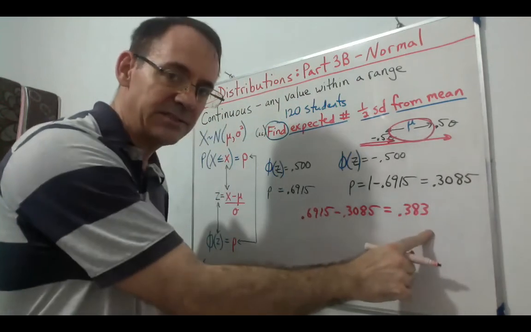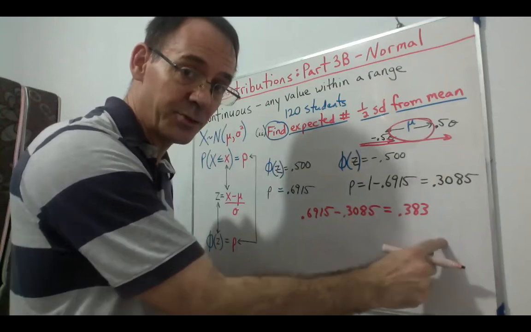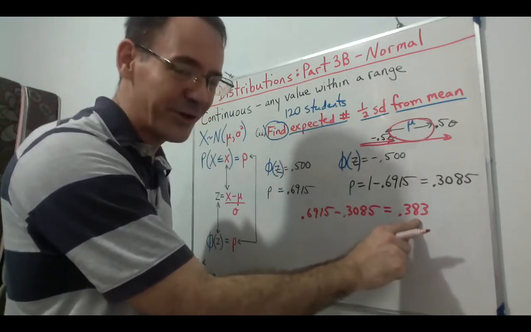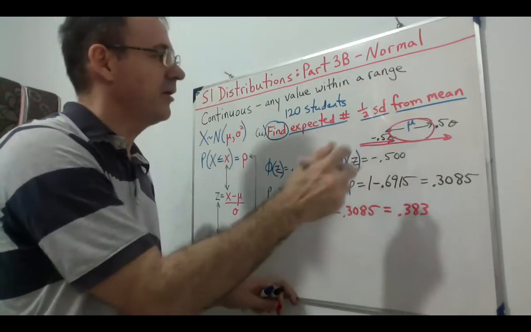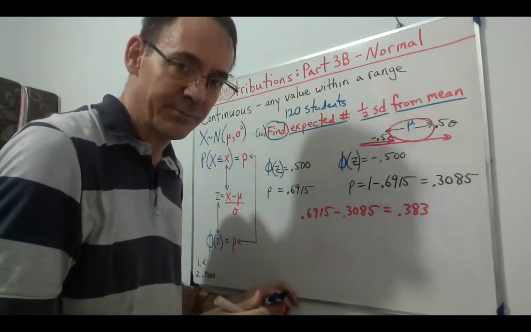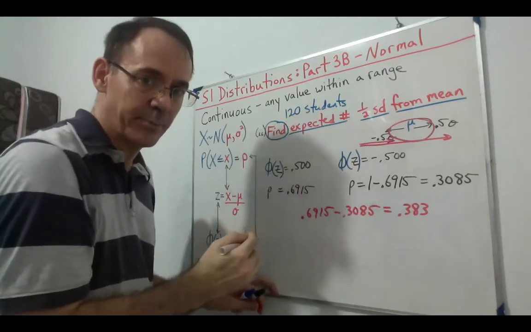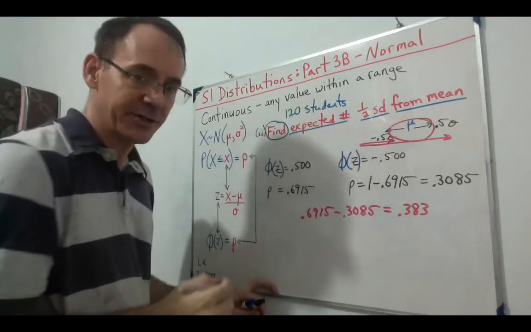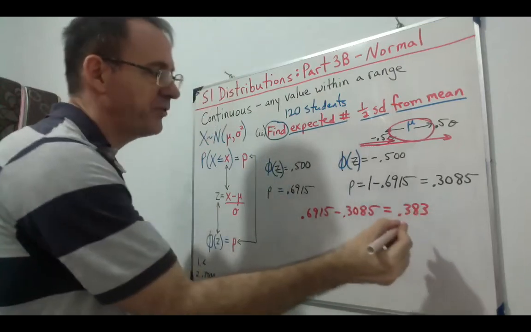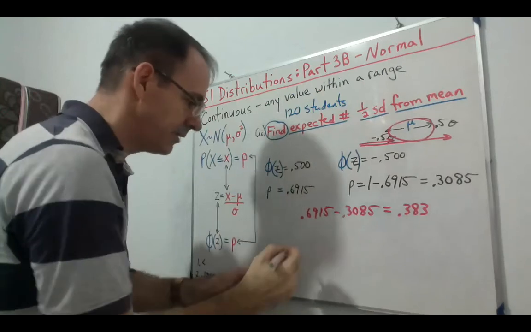So what this means as a percent or as a decimal, this is your probability, means that 38% of your students fall within a half standard deviation from the mean. Well, what it wants is what's the expected number? And it's out of 120. So if 38% of those 120 are going to fit this criteria, we need to multiply.